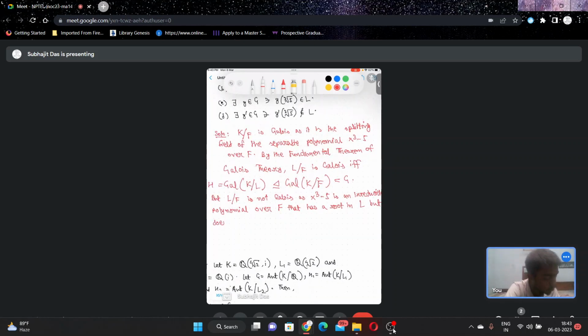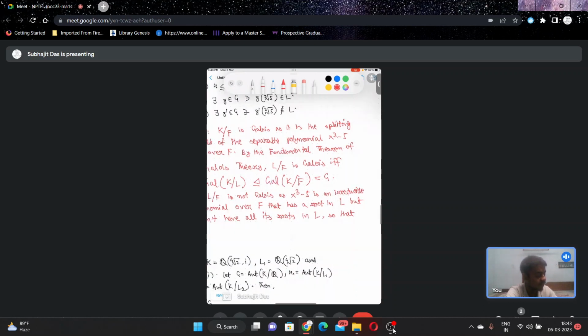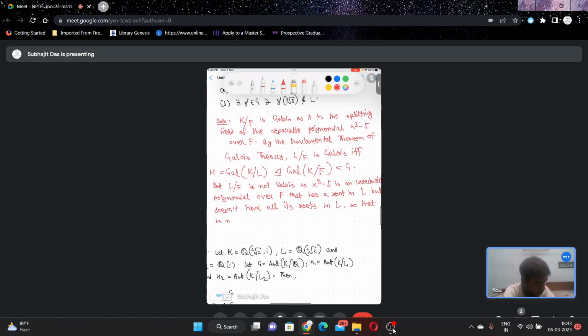It doesn't have all its roots in L. So why am I saying this? Why does this imply that this is not Galois? Because this particular statement implies that this extension is not normal, so that it can't be Galois. So L over F is not a normal extension.